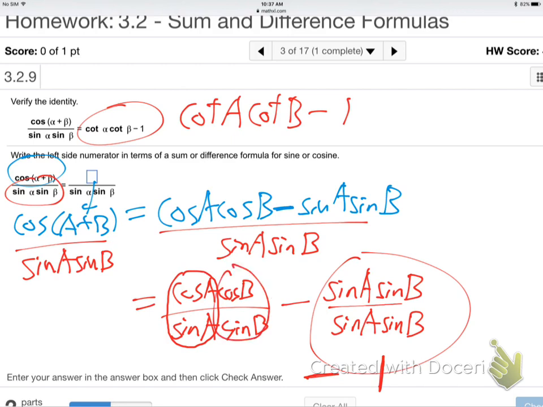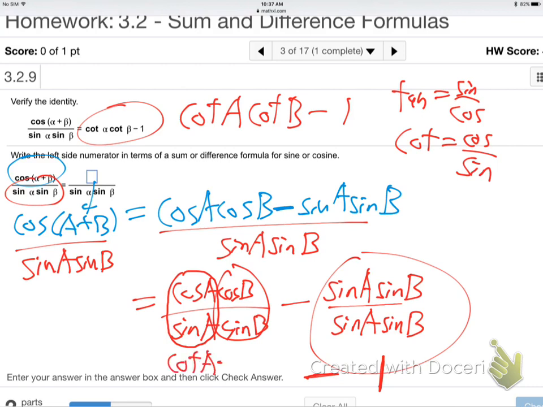What's cosine over sine? Cotangent. Remember? Because tangent is sine over cosine. Cotan is upside down, is cosine over sine, isn't it? So this is cotan A. This is cotan B. I already got the minus there. There it is, minus 1. That's how they got that.